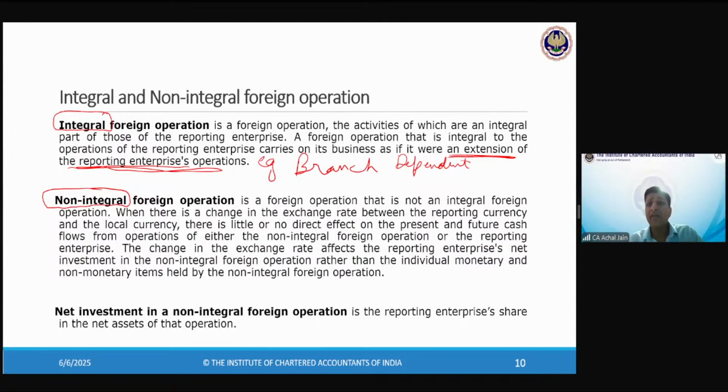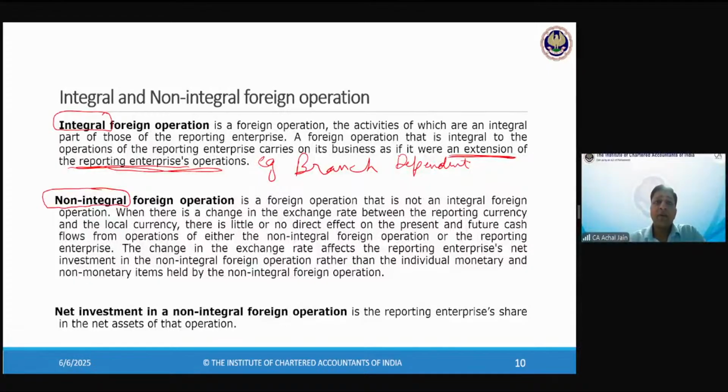In case of integral, you will find a lot of transactions between the head office and the integral foreign operation. Integral foreign operations generally do not maintain their own cash flows. They will repatriate that to the head office. Autonomy is missing in case of integral foreign operations. If any funding is required, any sort of money is required, integral will be dependent on the parent, or you can say the head office. So that's how the integral operations work.